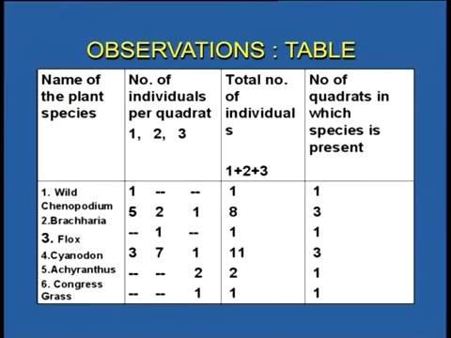Dear students, the total number of different plant species present in all the 3 quadrants are: number 1, wild Chenopodium. It was present only in the first quadrant, and only 1 plant was present in the first quadrant. Second, Brachiaria grass was 8 in number, and this was present in all the 3 quadrants.